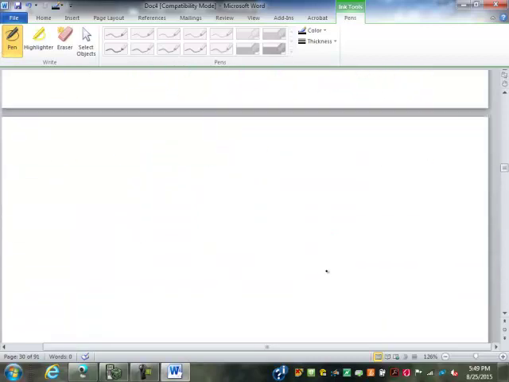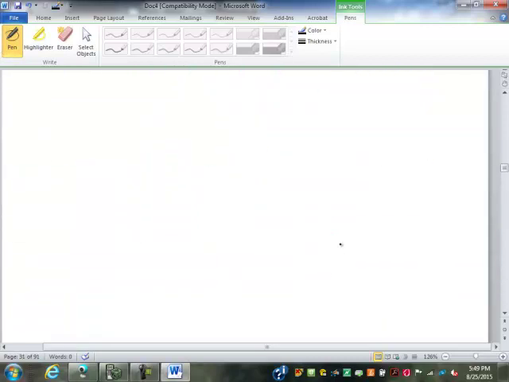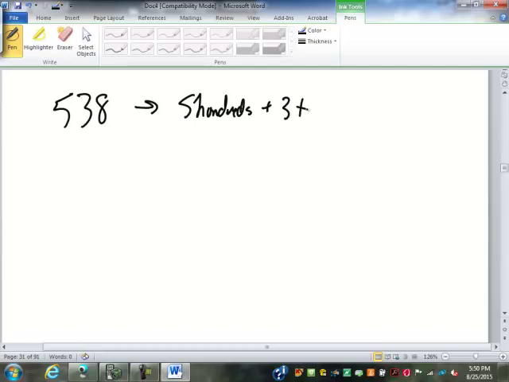The second major difference we have from our integers and whole numbers is that in a whole number or integer, every digit of the number is either positive or negative. The 538, that is a positive 500, and a positive 30, and a positive 8 ones.